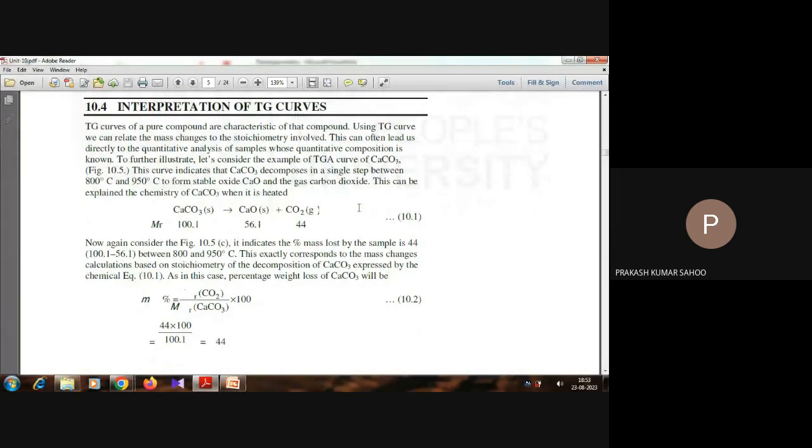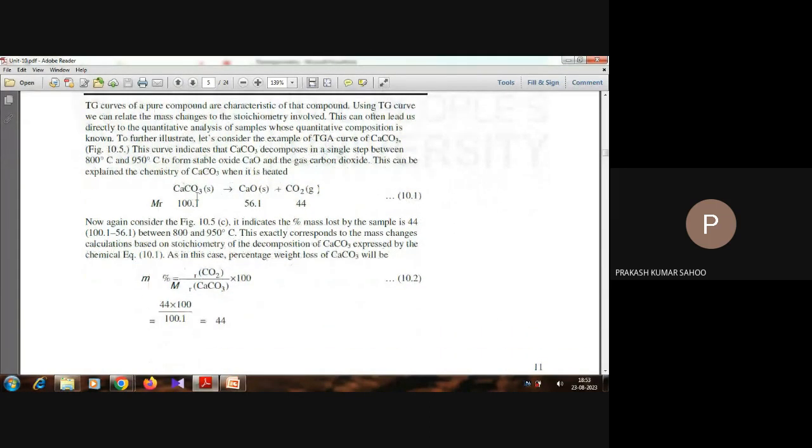Let's take a conversion, that is, solid calcium carbonate is decomposed to calcium oxide and carbon dioxide. If I calculate the molar mass, calcium carbonate will have 100 gram, calcium oxide will have 56 gram, and carbon dioxide will have 44 gram.